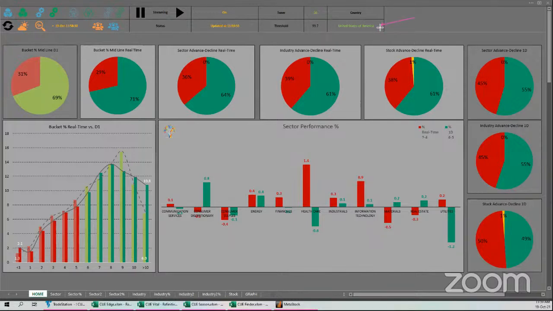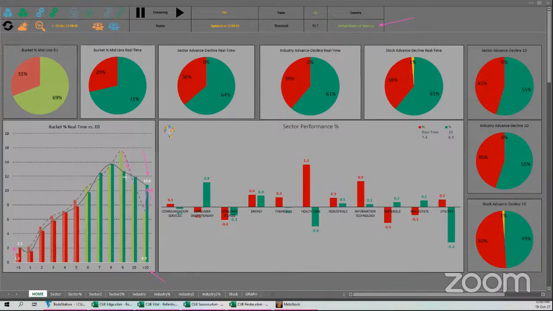I have selected United States and I can see the stocks in the extreme upper bucket actually went up. At the same time, stocks in the extreme lower bucket also went up, but not by that big a margin. So in the most extreme bucket, which were already above upper Bollinger Band, they became stronger.